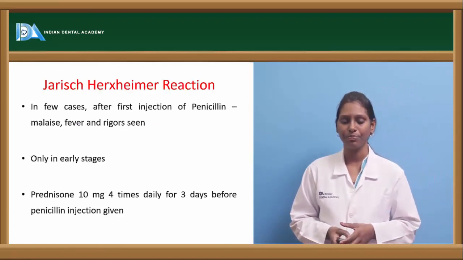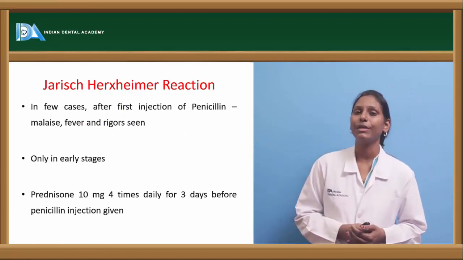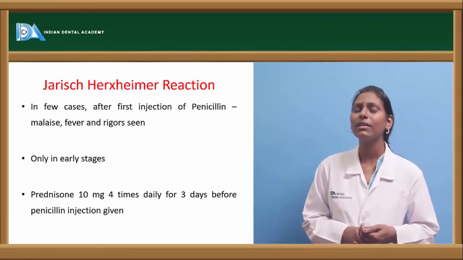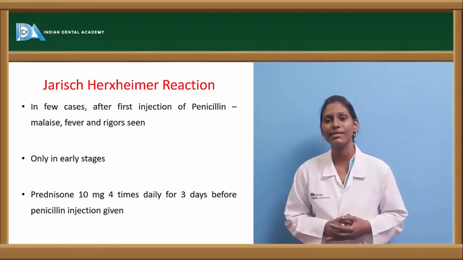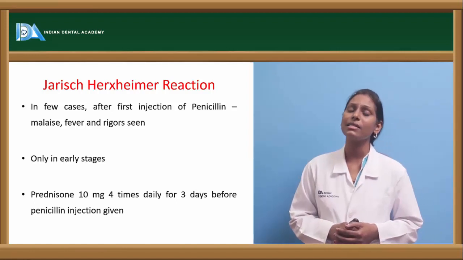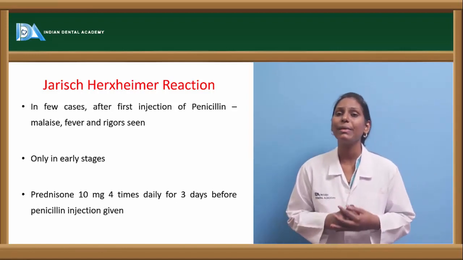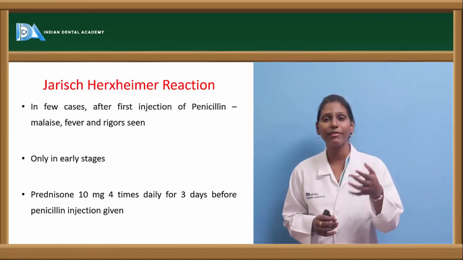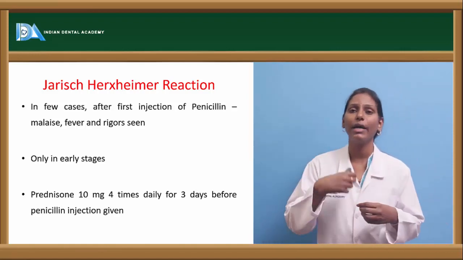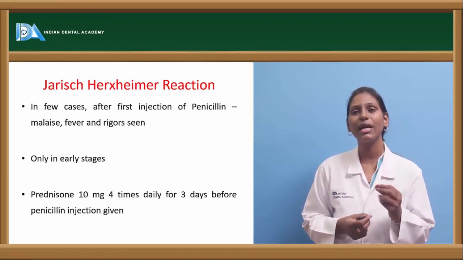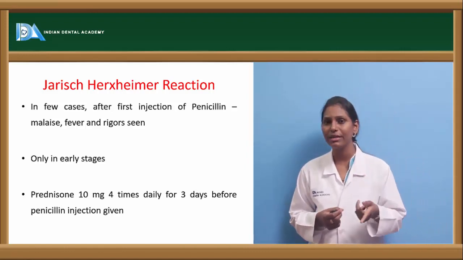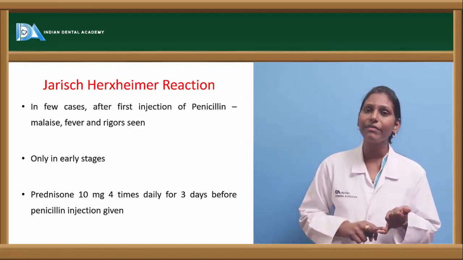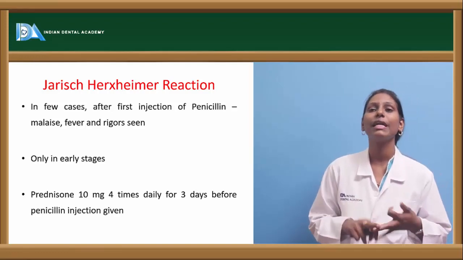Apart from the management, we have a certain reaction called the Jarisch-Herxheimer reaction. In a few cases, when patients have syphilis and we administer penicillin, we see a sudden reaction, especially only in early stages, where the patient manifests malaise, fever and rigors.